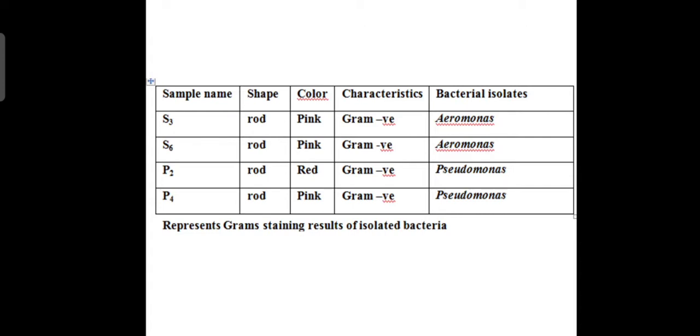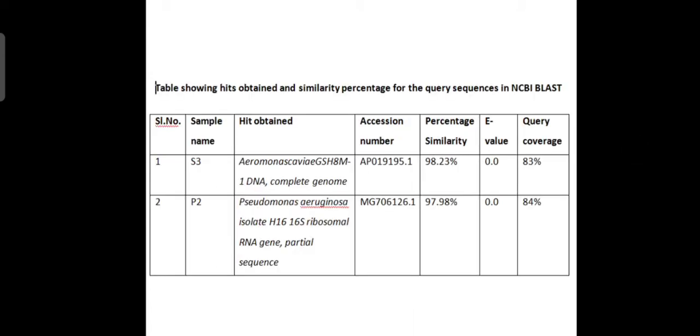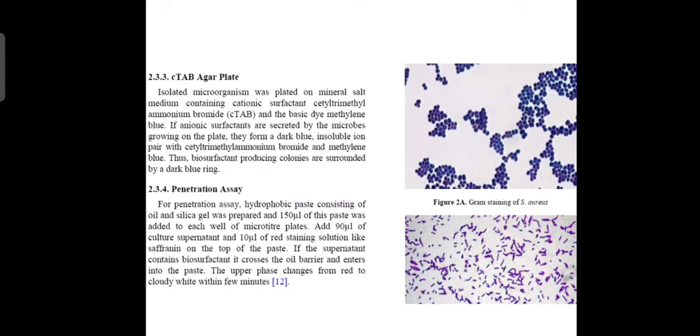They were able to identify that they belong to Aeromonas and Pseudomonas species, and further from these organisms DNA was isolated, and from the genomic DNA the 16S rRNA gene was amplified and further subjected to Sanger sequencing. From the 16S rRNA sequence, we were able to identify the species as Aeromonas caviae and Pseudomonas aeruginosa, showing maximum percentage similarity.